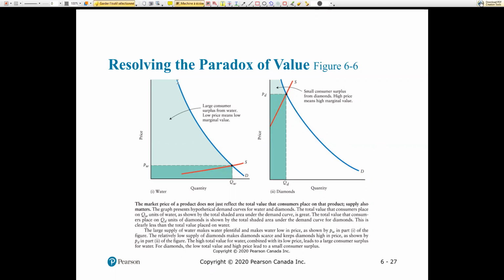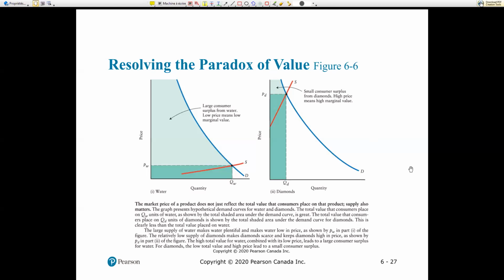It's a combination of what the demand is, what the supply is, and where the intersect of the supply curve and the demand curve is. If it's here for water, it means that the market price is low. And if it occurs here for diamonds, the price of diamonds is high. Okay, got it. Thank you.